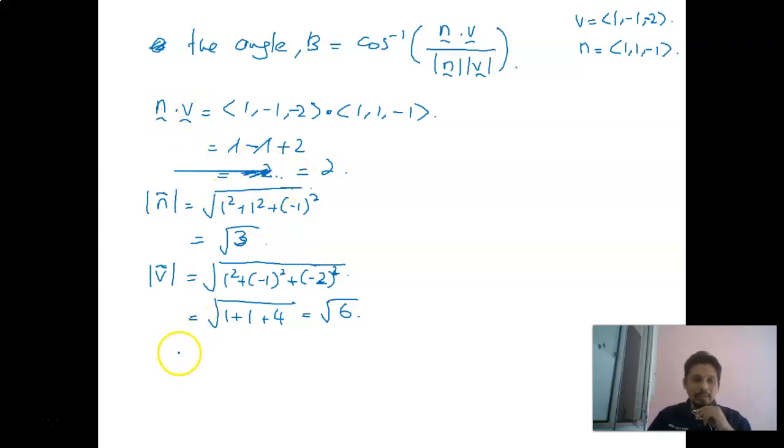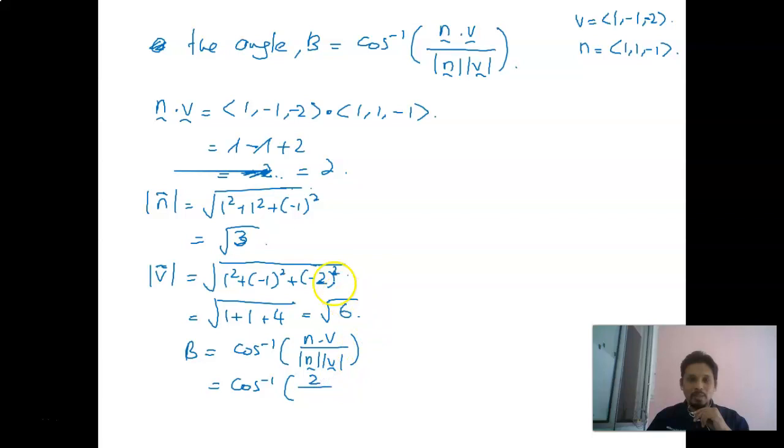So angle of B equal to arc cos of n dot v divided by, again, I rewrite everything here again. So absolute value of n, absolute value of v here, arc cos of n dot v equal to 2 divided by square root of 6 and square root of 3.